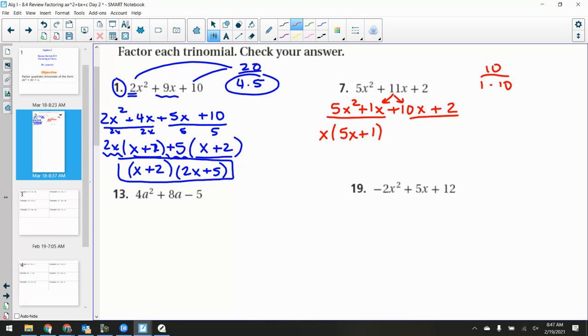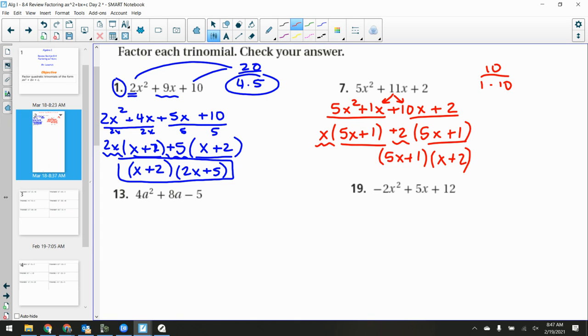Liam, what's my GCF of my second two terms? 2. Good. So positive 2, when I divide that out, it's a 5x plus 1. And look at that. Inside my parentheses is a 5x plus 1. Outside my parentheses is an x plus 2. Questions about that?